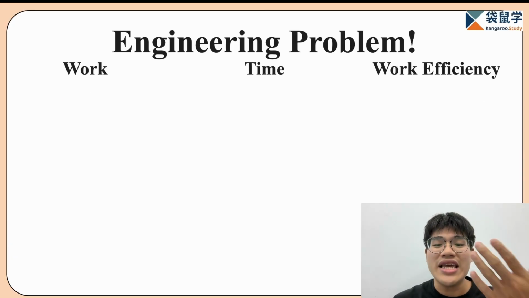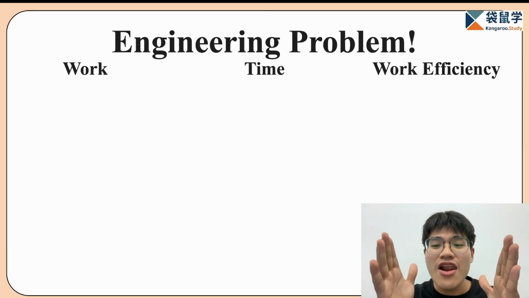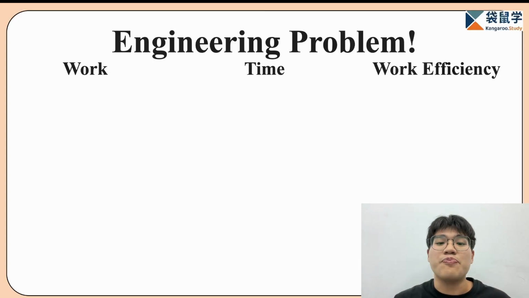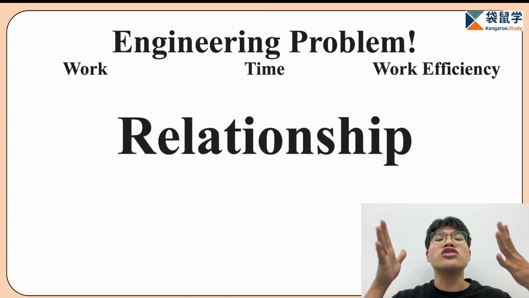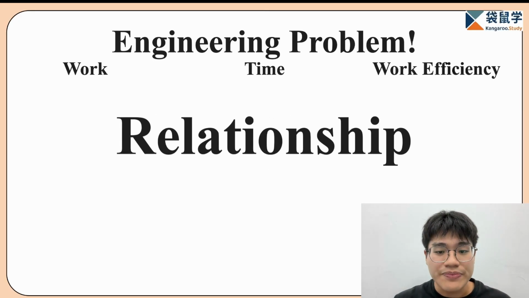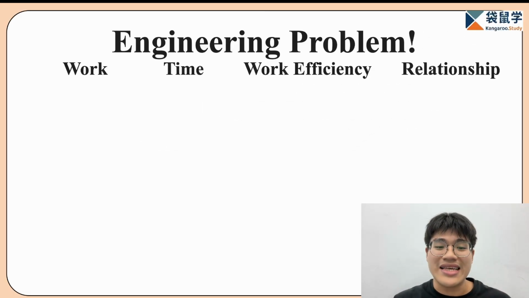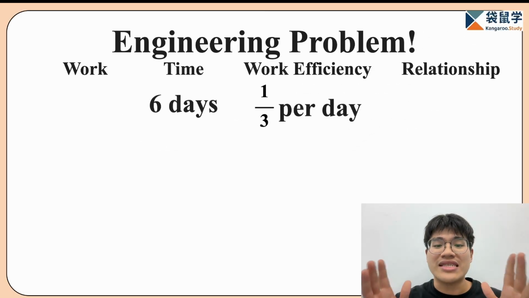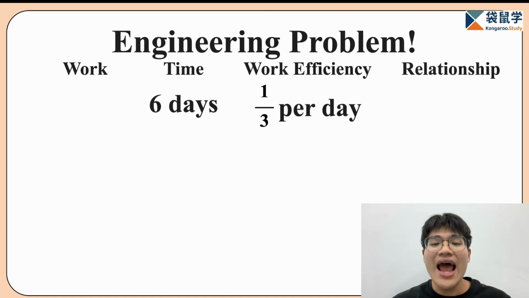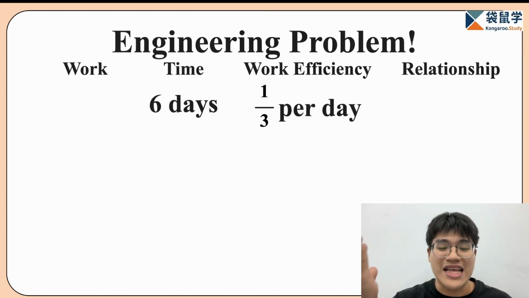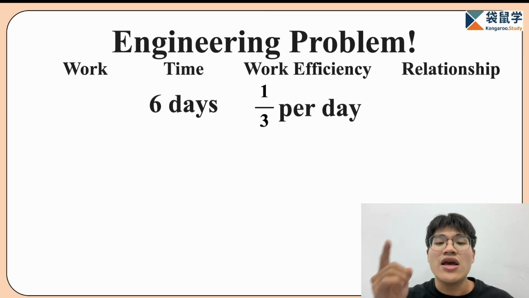Now let's see here. We know about the values. Let's find out a special relationship between the 3 of them. So first, let's see an example here. We have the time and work efficiency. I know that I have to spend 6 days, and for example, for a car, I can make 1 over 3 car per day.